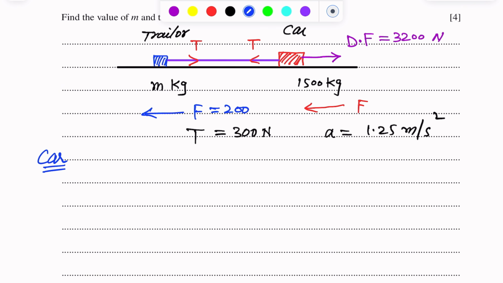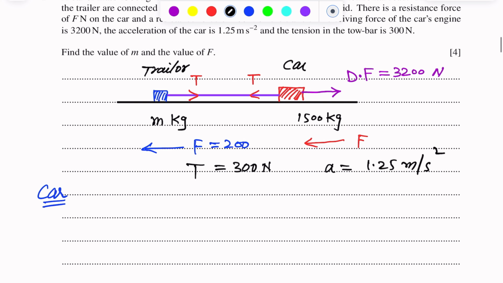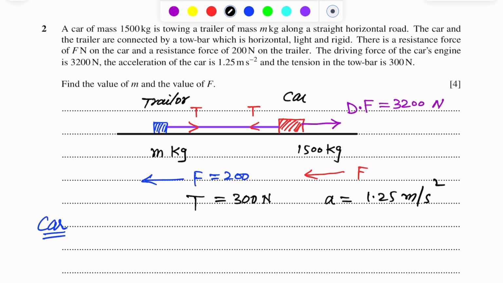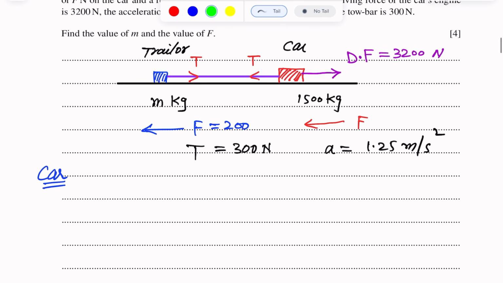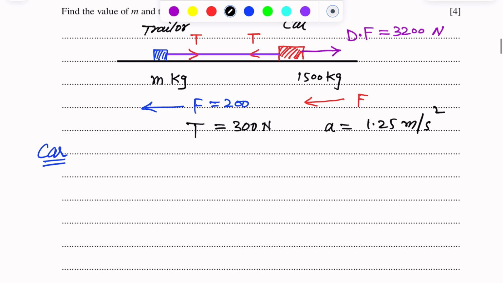The net force will be driving force minus resistance force minus tension, because the direction of tension is opposite to the direction of motion. This net force is equal to ma, F is equal to ma.